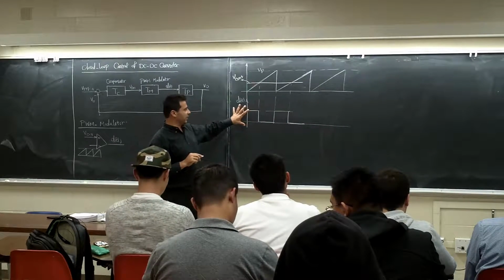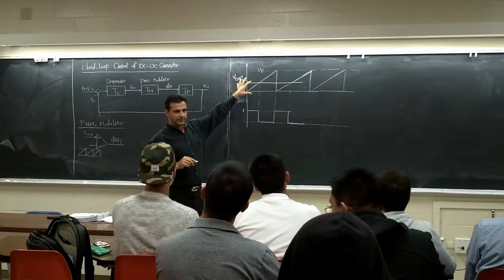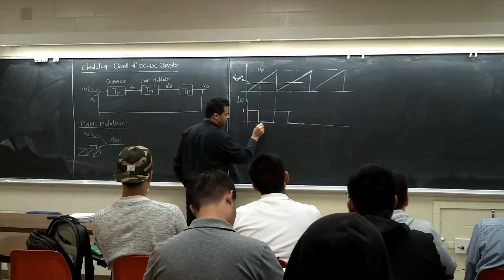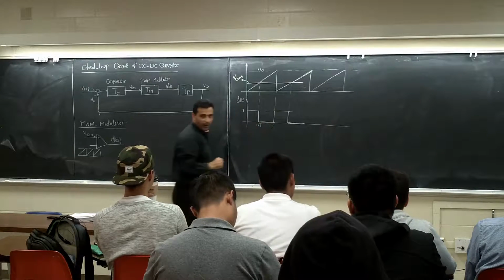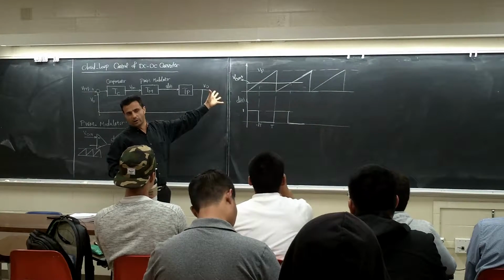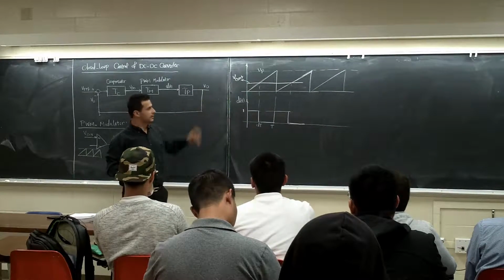Let's find out what's the relation between this and this. So this is a D, right? This is the DT cycle, right? How much? This is DT, this is T, right? T is 1 over the switching frequency of the converter, right?